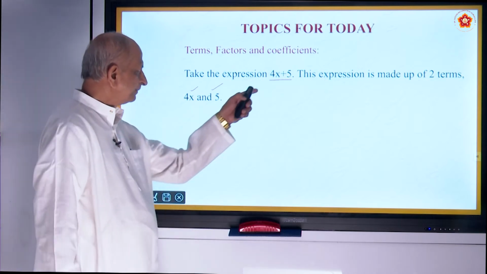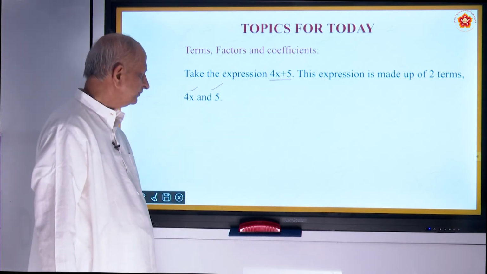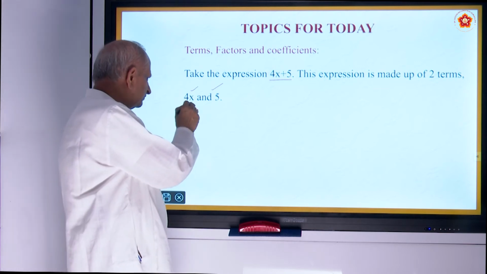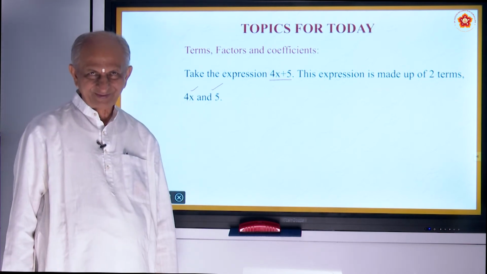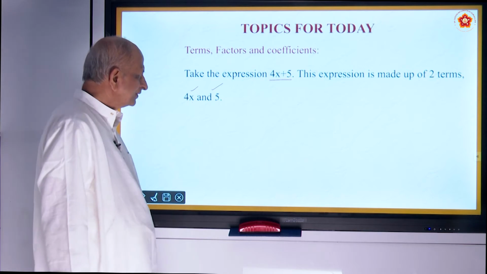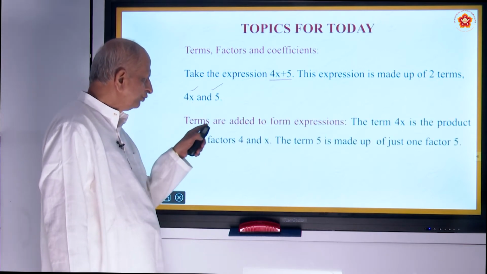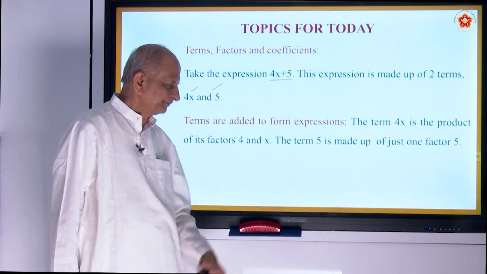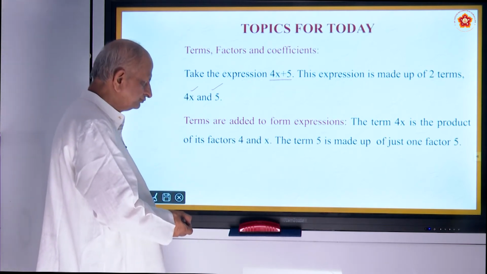So this 4x plus 5 is an expression. These are called terms. And in this, what is the coefficient of x? That is 4. Correct? And terms are added to form an expression. It can be added and it can be subtracted also.